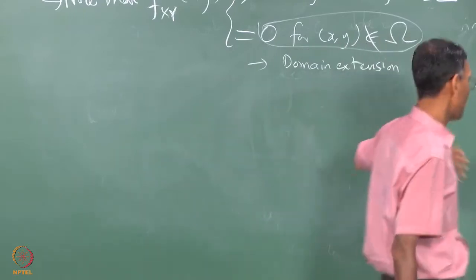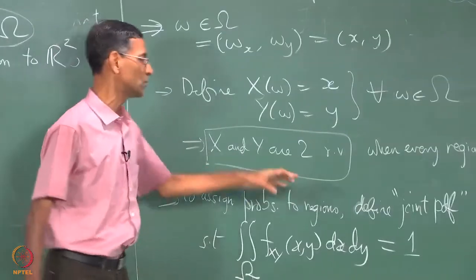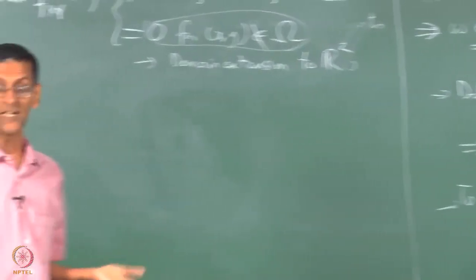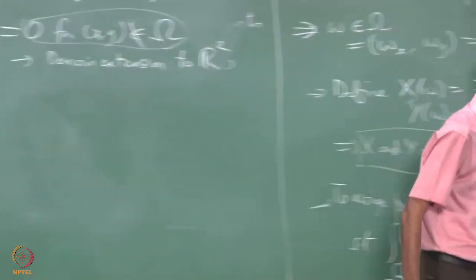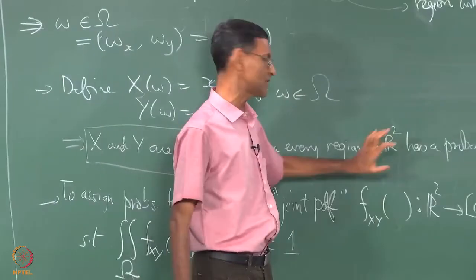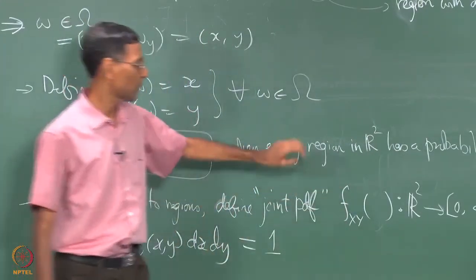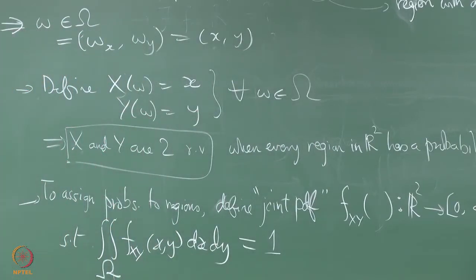One more thing I want to say is that this is not the only way in which you can do it. This is the most practically important way: for engineers as we are, we care mostly about situations where regions in R squared have probabilities assigned through a joint PDF, but that is not the only way. So, let me write it here.